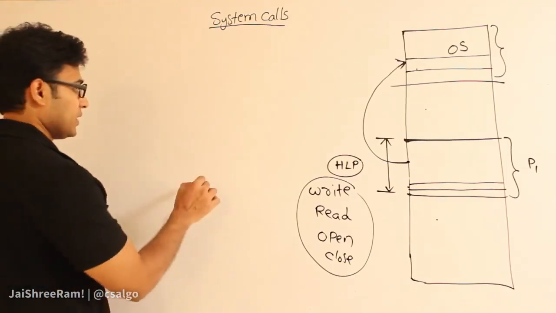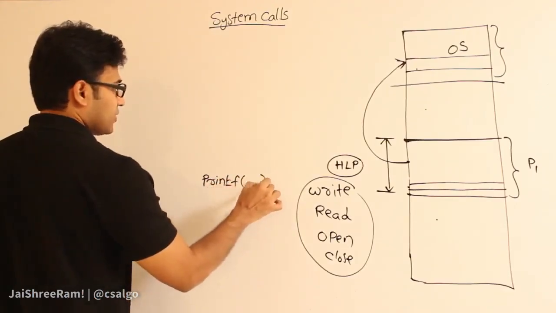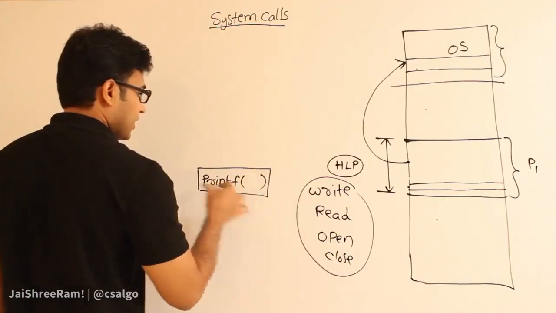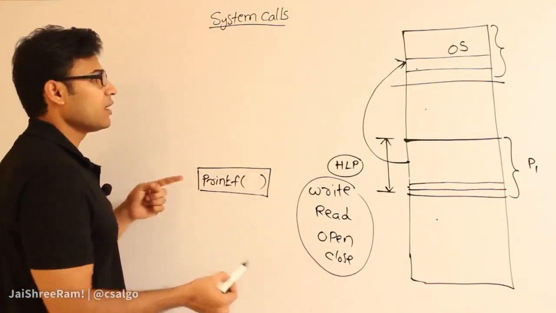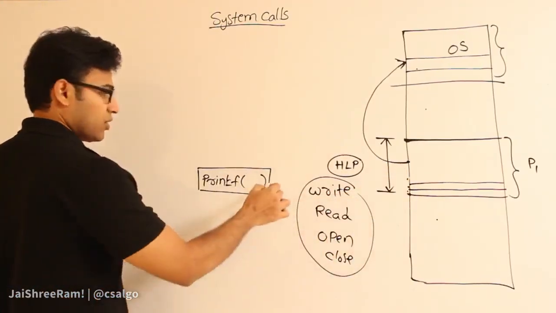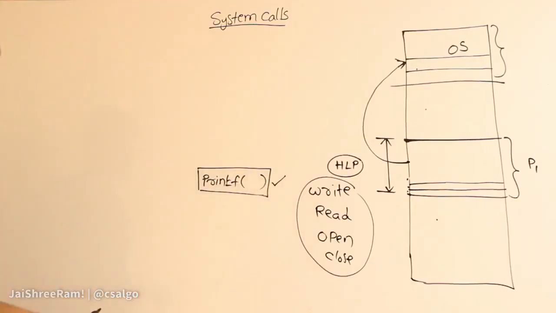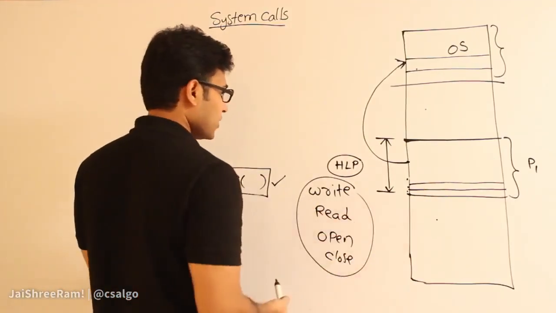For example, in C programming you might have seen printf, right? When you execute printf, it is a library function, and the code related to printf will be loaded along with your process. Therefore, you are not going to write the code of printf; it is provided as a part of the library function, which will be loaded when your process is loaded.